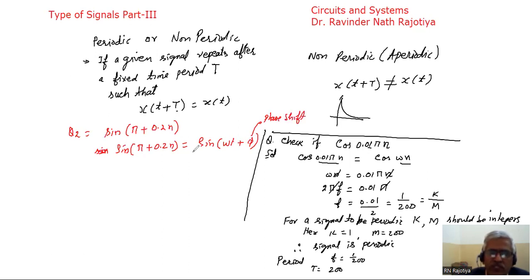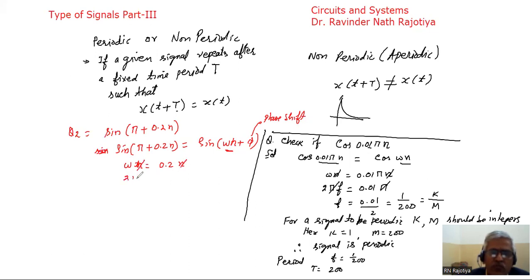So what you are left with is 0.2 n equal to omega t. Since it is n, I can write omega n, so n gets cancelled.